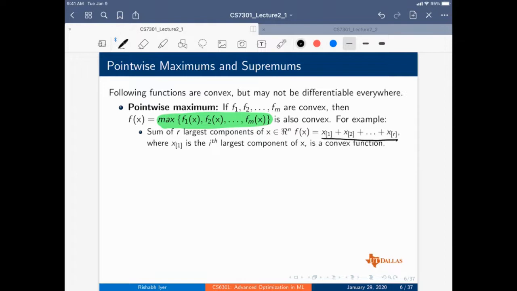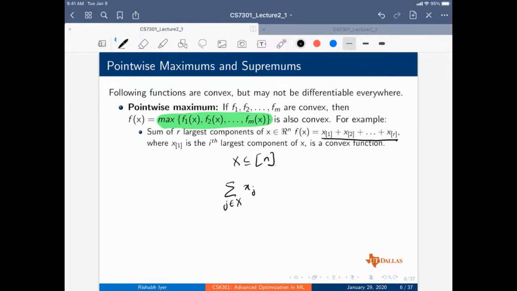You want to take the sum of the r largest components, so essentially take all possible subsets of size r. So X here is a subset of {1, ..., n}, and given any subset X, you can define this function as the sum over j in X of x_j, where x_j is the jth component.